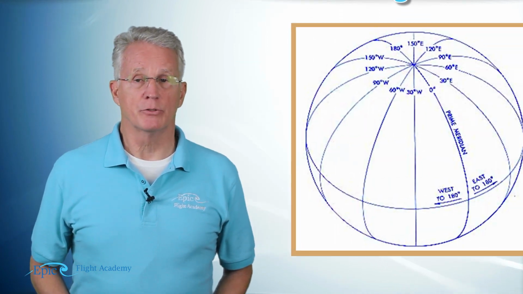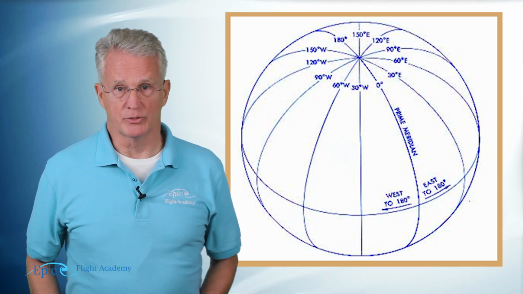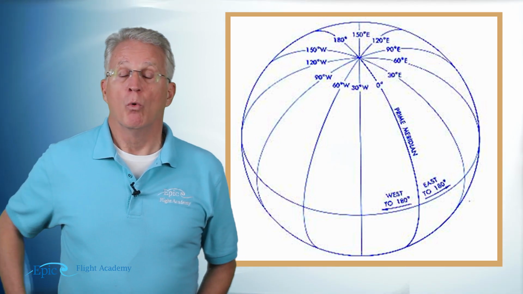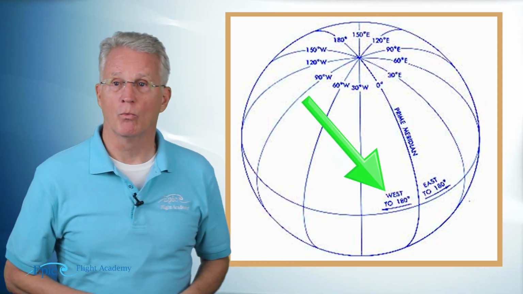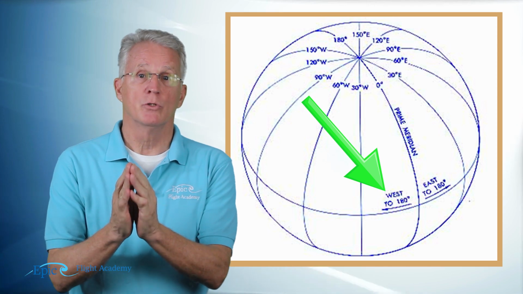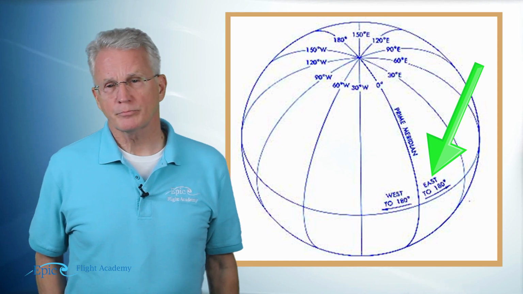0 degrees of longitude is at the prime meridian. Lines of longitude are measured 180 degrees to the west and 180 degrees to the east from the prime meridian.